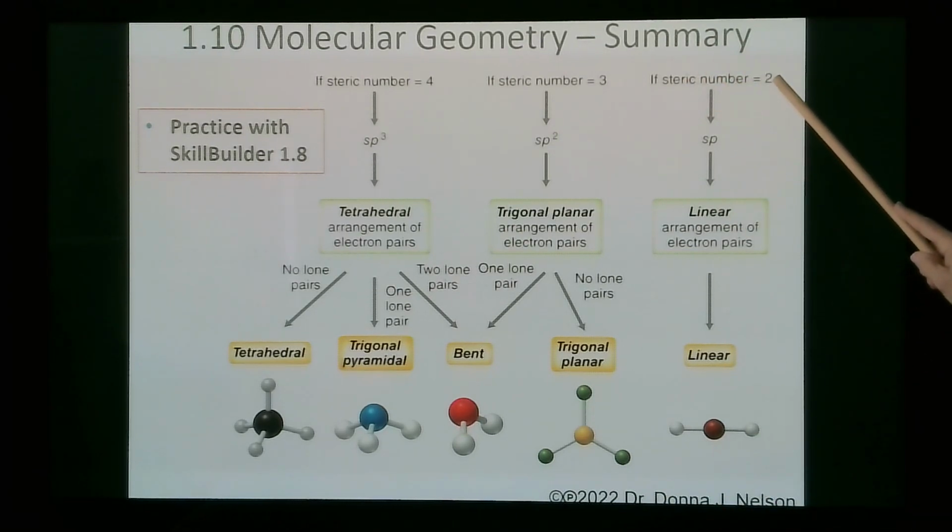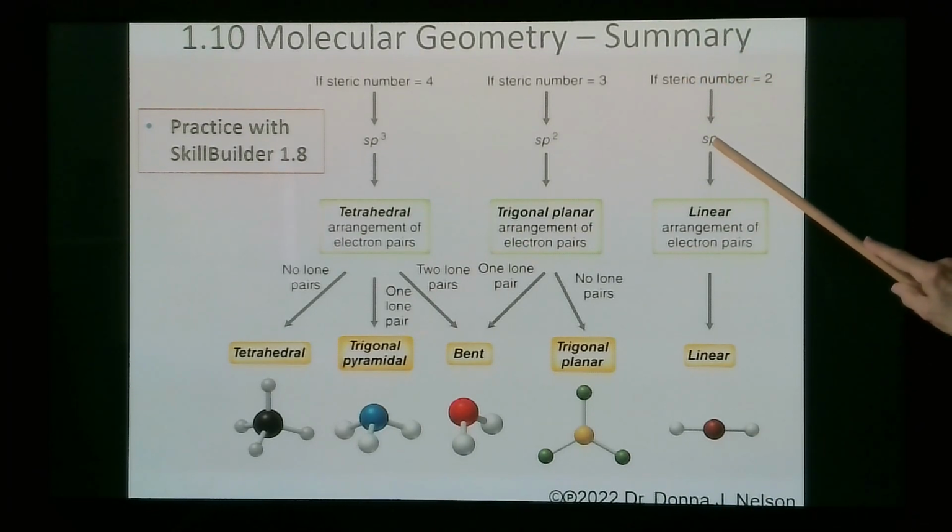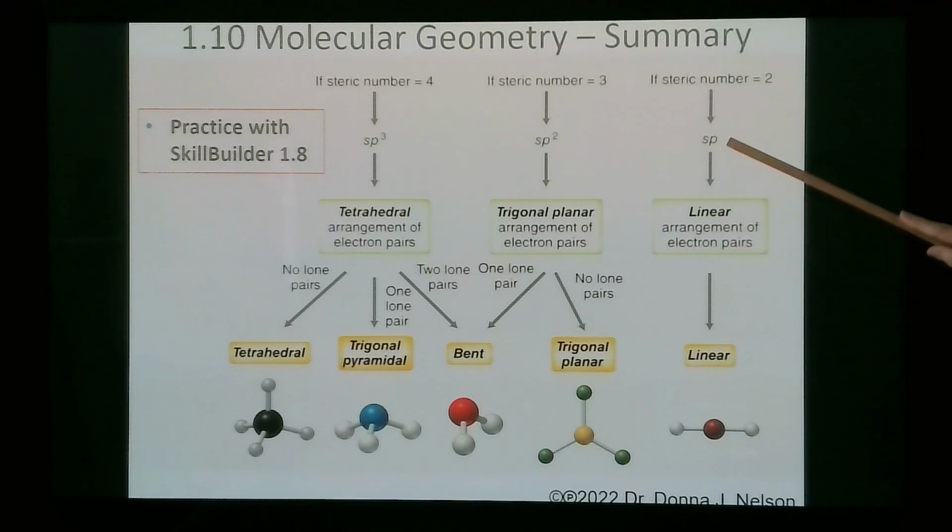If the steric number is 2, then the central atom is sp hybridized, and you'll have a linear arrangement of electron pairs around that central atom. And here we will describe the molecular geometry of this molecule by looking only at the atoms and not any electron pairs, and so this will be linear.